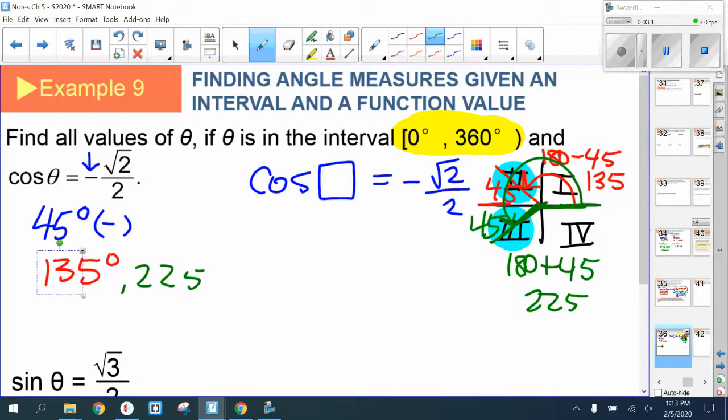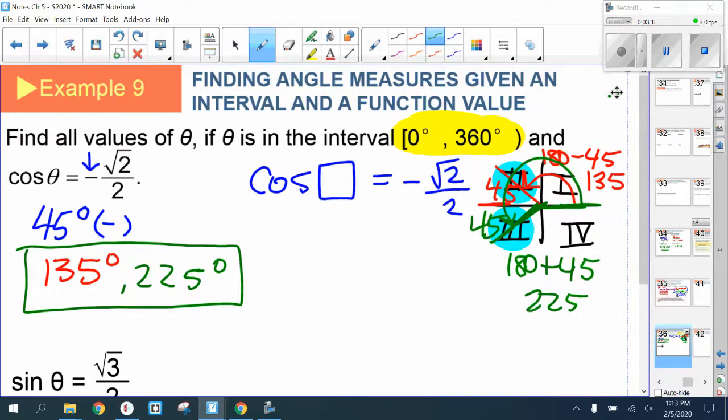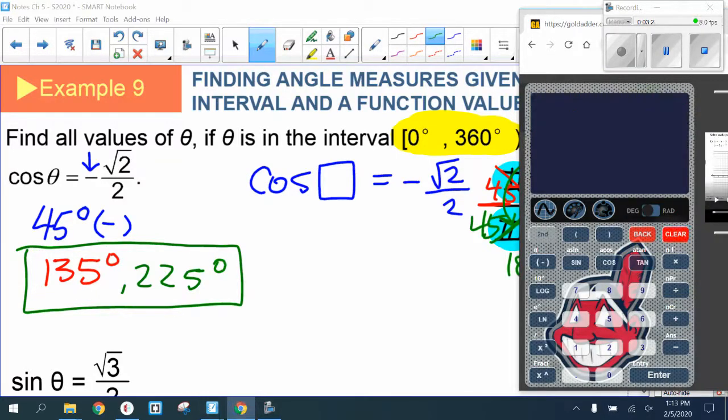So we have two answers. 135 and 225. You should be able to check your answers. If you did cosine 135, or if you did cosine 225, you get that decimal number, which should be hopefully negative square root of 2 over 2. All right. So sure enough, we got the angle that led us to negative square root of 2 over 2.